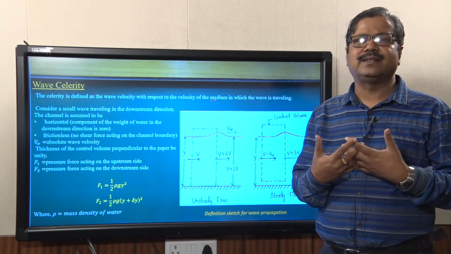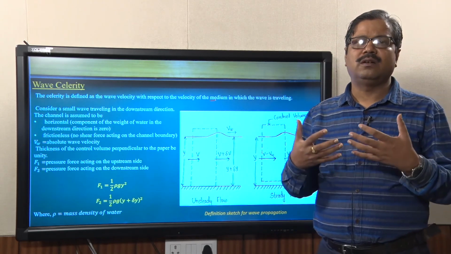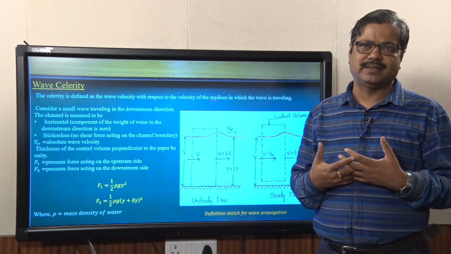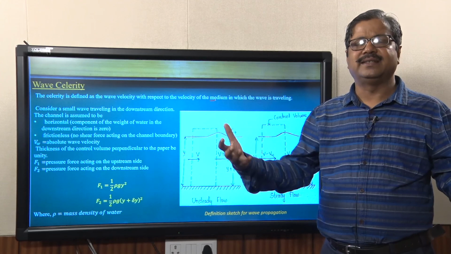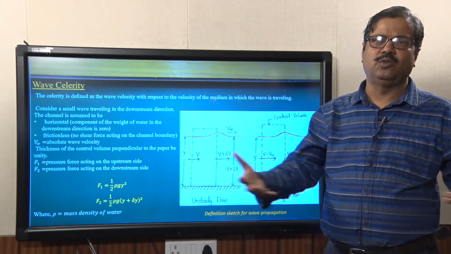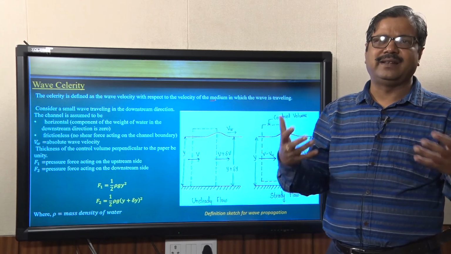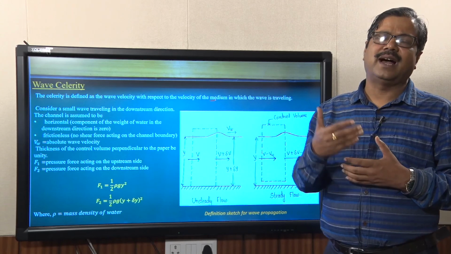We should now discuss the critical flow concept with respect to disturbance propagation. When river flow is happening and a huge runoff comes, it creates a wave as a disturbance. How does that propagate?